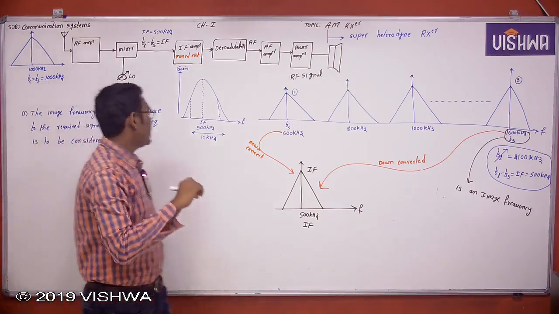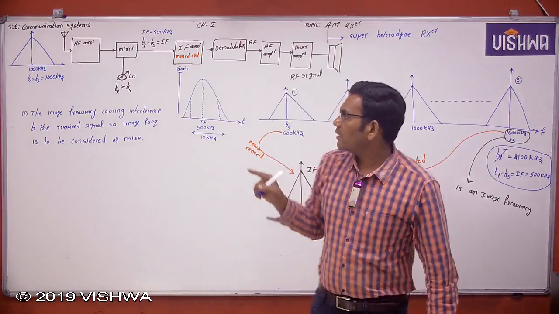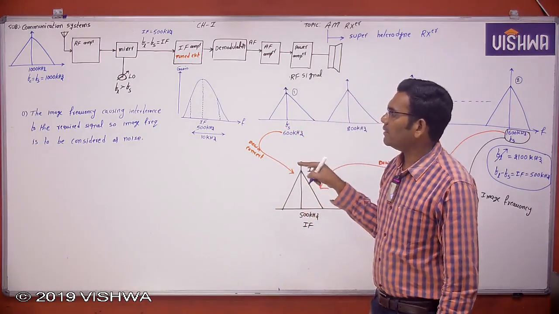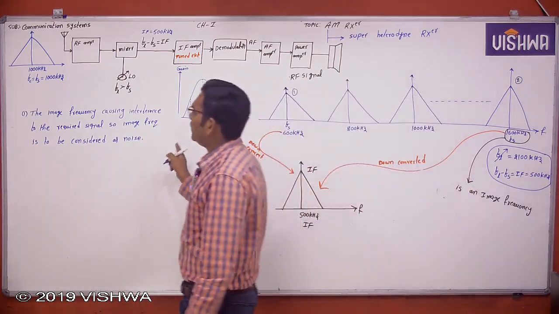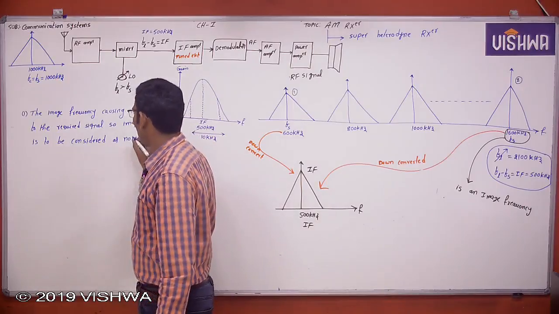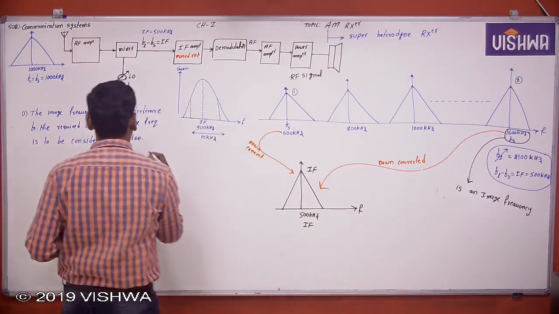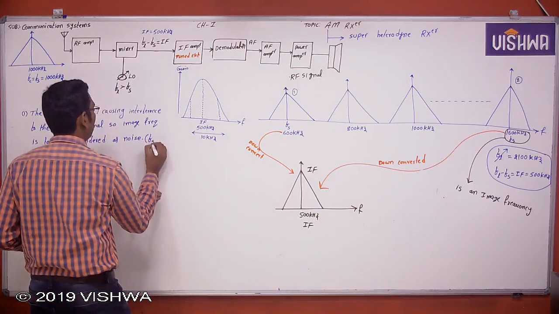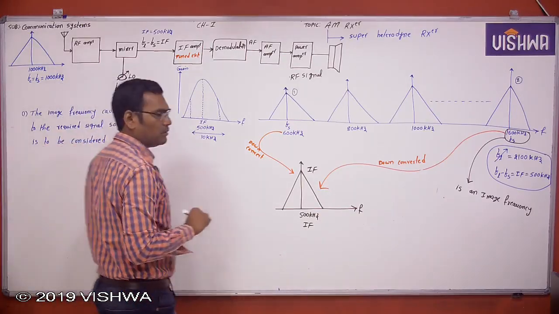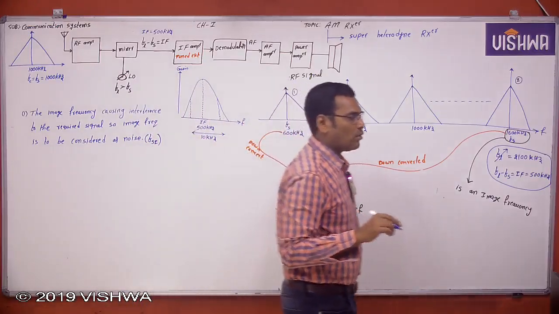The image frequency causing interference to the required signal, so image frequency is to be considered as a noise signal. Clear or not? So you want noise? No, we want to suppress the noise signal, right?